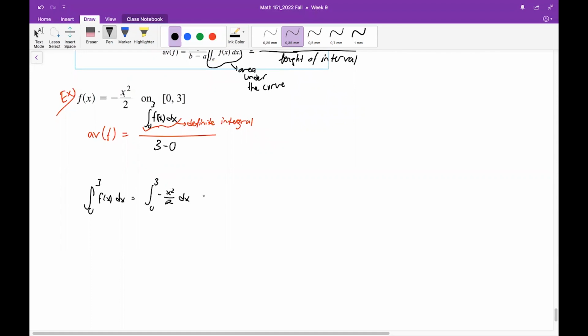And now for the first time, I will introduce the idea of how to compute definite integrals by using antiderivatives, okay? Definite integral is in fact nothing but the same as the antiderivative that we covered before at the end of the previous section. So the result of this definite integral is the antiderivative of this function.